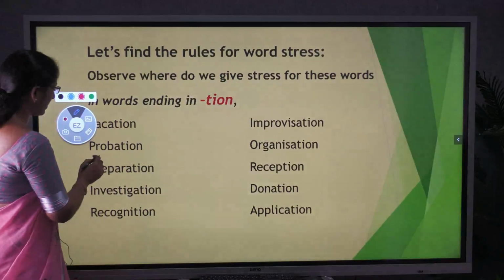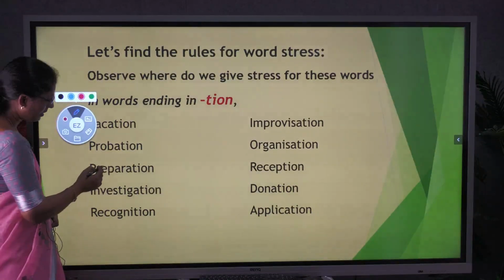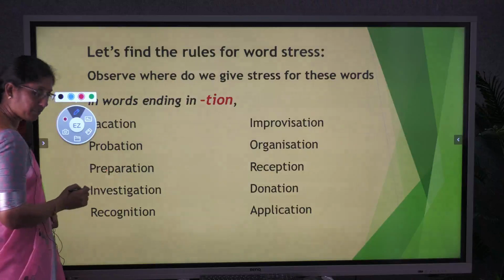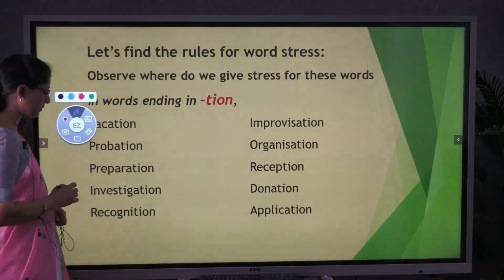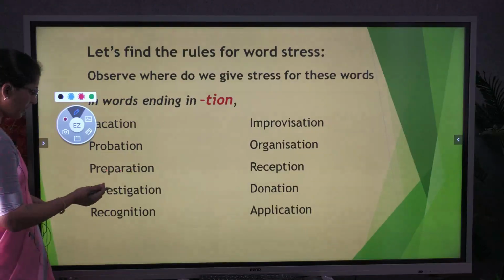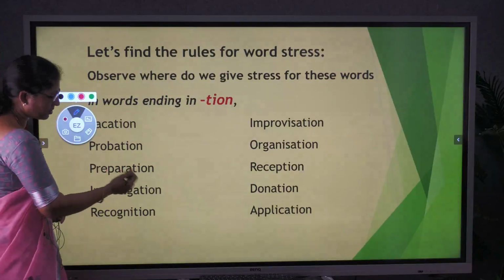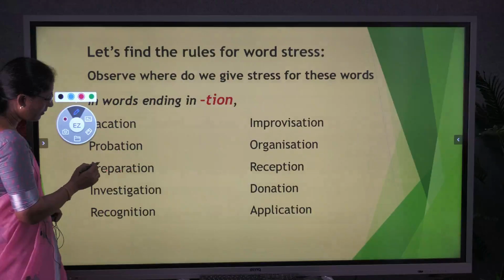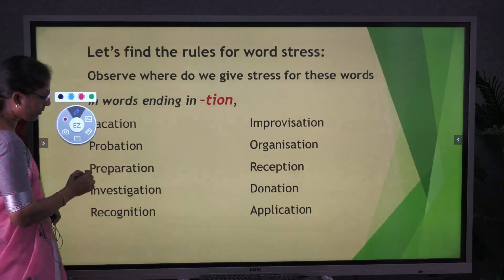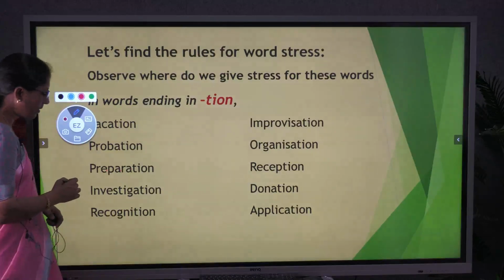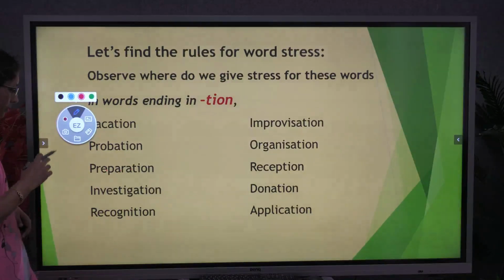Let us take this one: preparation. Pre, that is one syllable; pa-ra-tion. Generally primary stress is on the last three syllables. If you give stress on the third syllable, the antepenultimate syllable, how do you pronounce preparation?